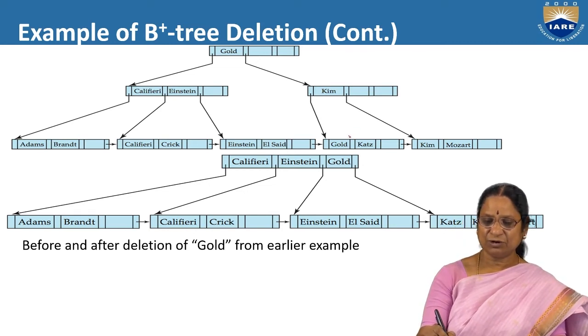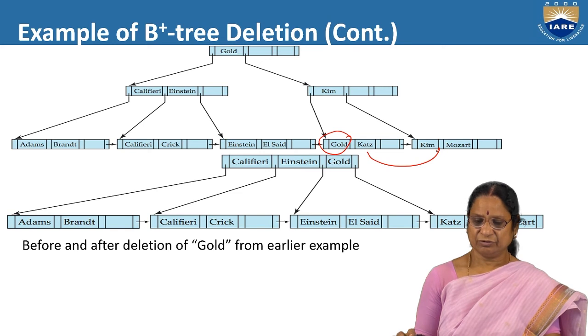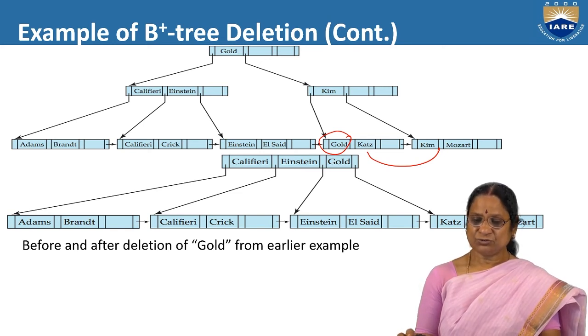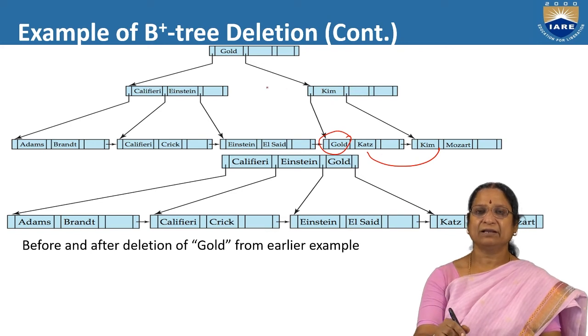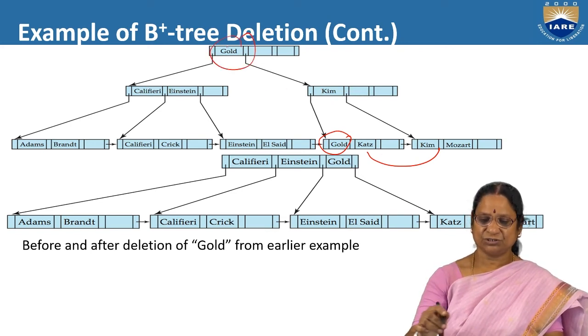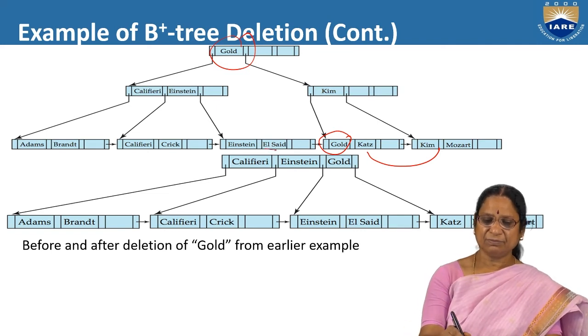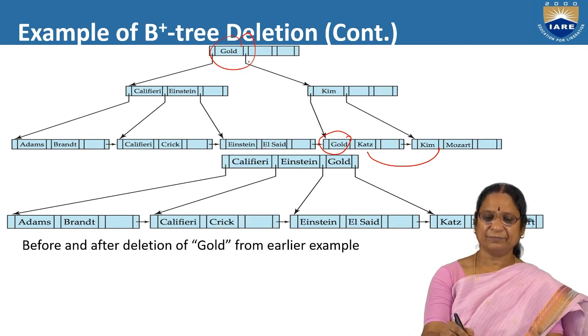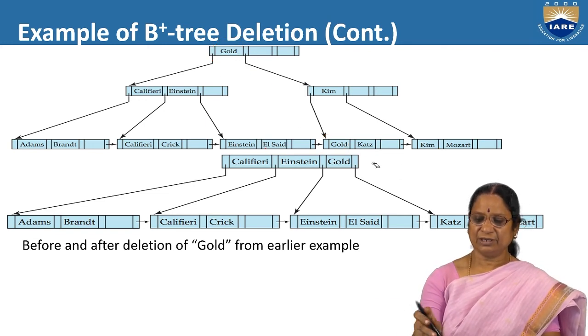While deleting it here, the node has less than n/2, so these two can be merged. When we do this merge, we go back up, and the respective Gold has to be changed here. Because these two are merged, only a single child remains. Then the merge process is propagated in the upward direction.